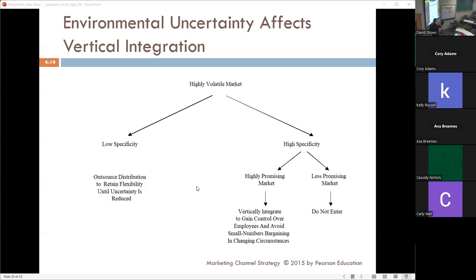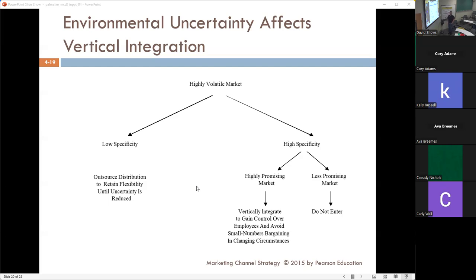So in a highly volatile market, I'm dropping in and I'm trying to be able to make a difference. If I have low specificity where the market is volatile, I want to maintain my assets loose.